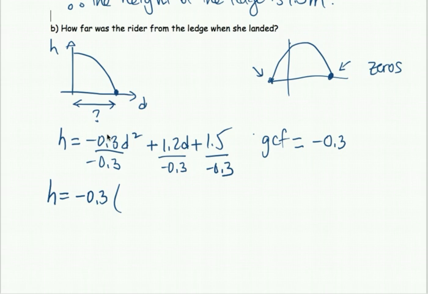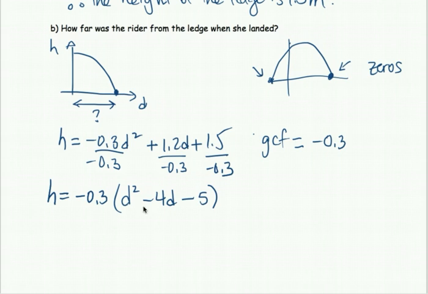When I take negative 0.3 and negative 0.3, divide them out, they cancel out, and they'll lose a d squared. If I take 1.2 and divide by negative 0.3, I'll get negative 4d. And if I take 1.5 divided by negative 0.3, I'll get negative 5.